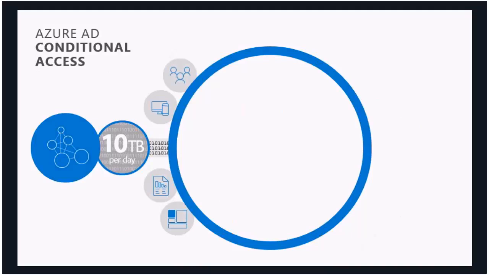So I'd like to draw your attention to conditional access for a second, because that's a very, very significant value proposition of Azure Active Directory. Conditional access is all about ensuring that there are a certain predefined set of conditions that are stipulated by the customer, and based on those conditions, the access is regulated accordingly.